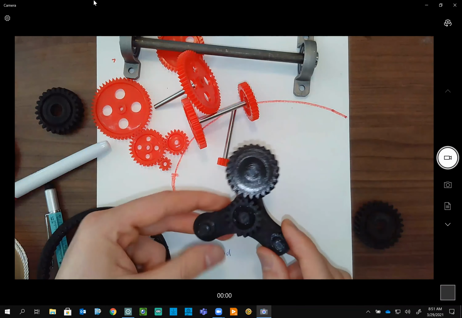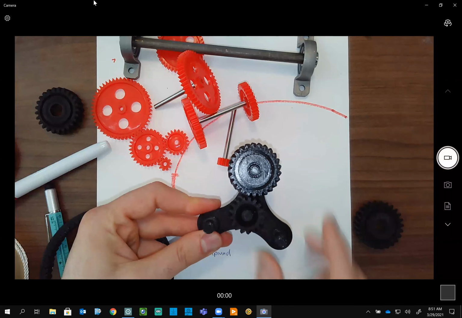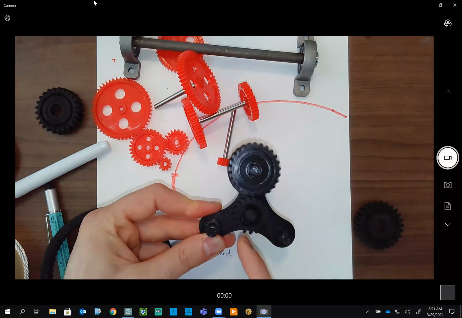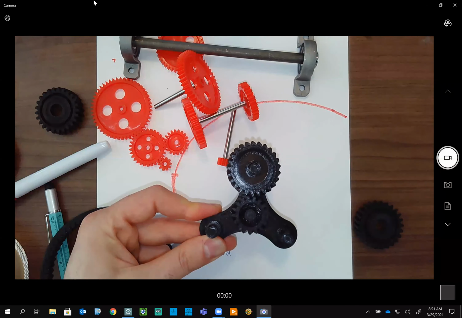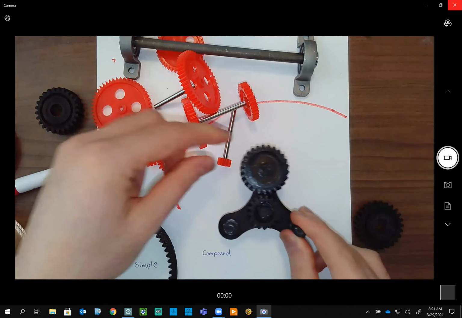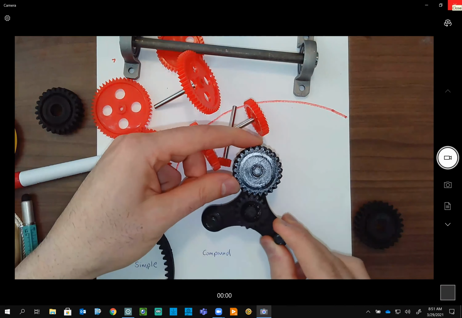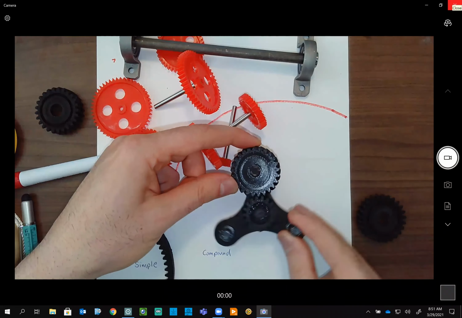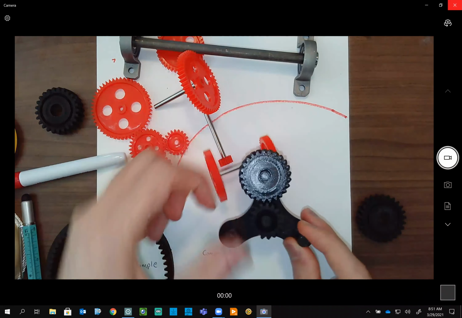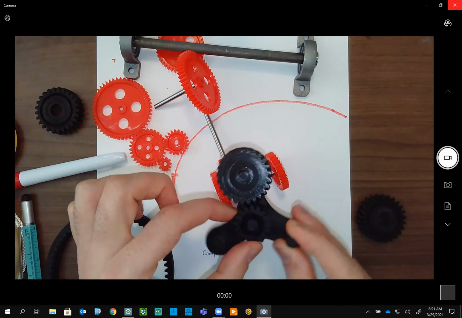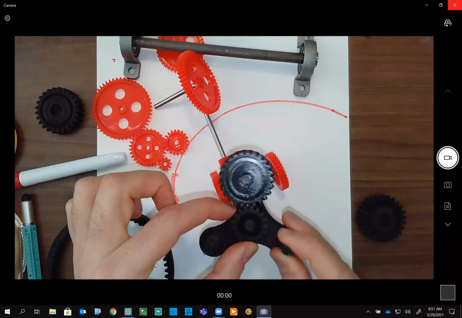So if my carrier is fixed, like I don't move my hand, these two gears are like normal, simple gears working together. But if, let's say, I fix the top one, the carrier can rotate, right? Or if I fix the sun and rotate the carrier, then the planet can rotate.